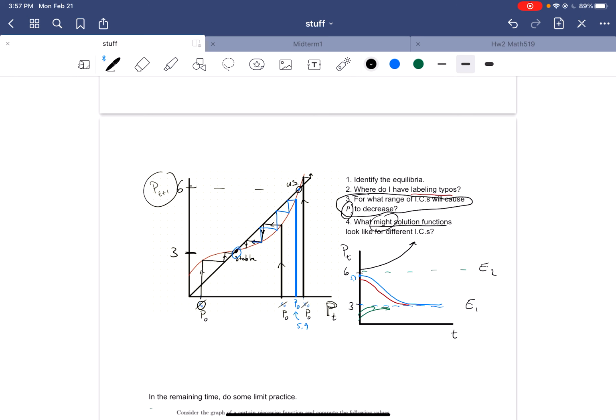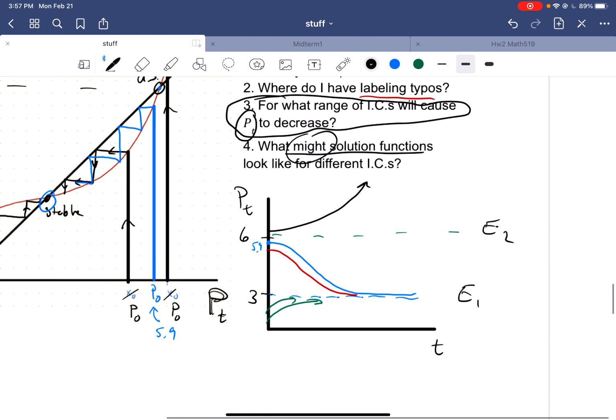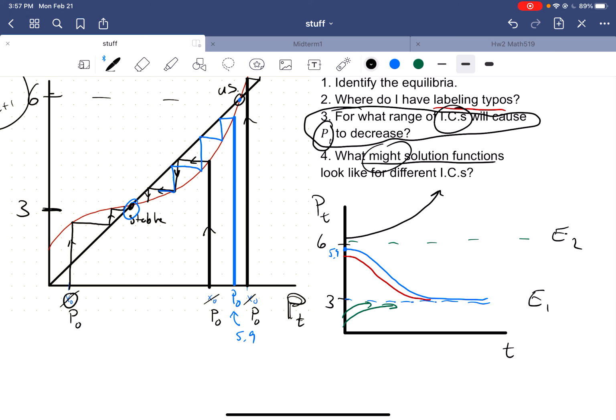Initial condition corresponds to where I start my cobwebbing, but you can also think of it as what is p of 0 for a solution function, which means where do I start here? What's my y-intercept?